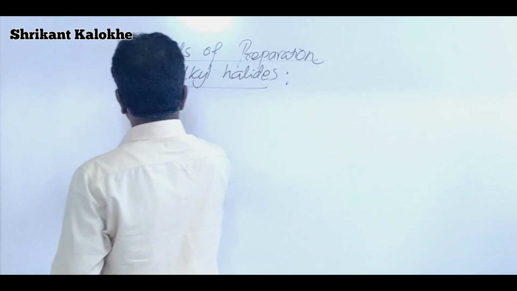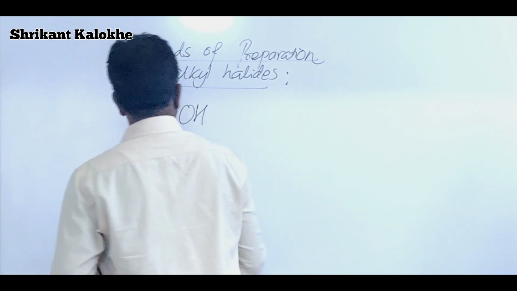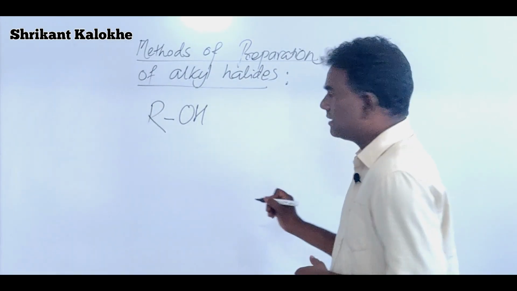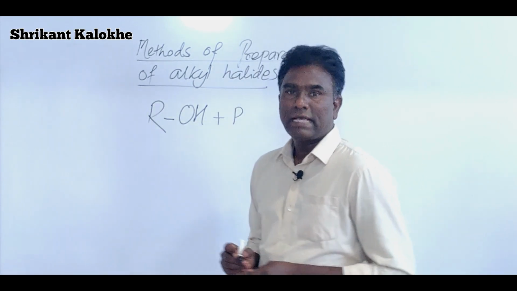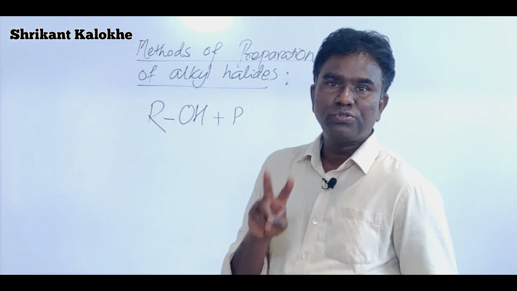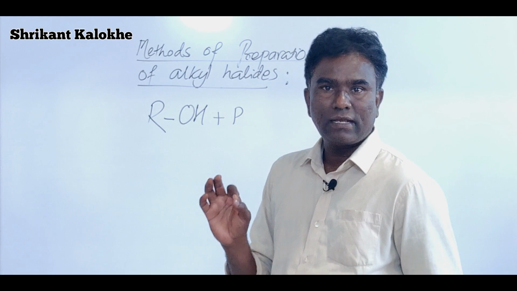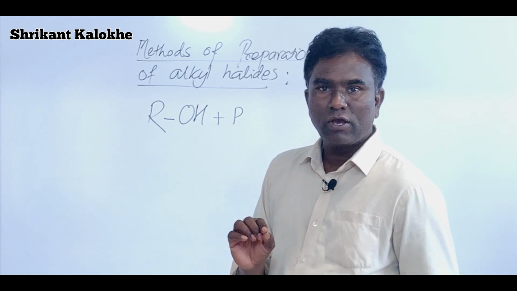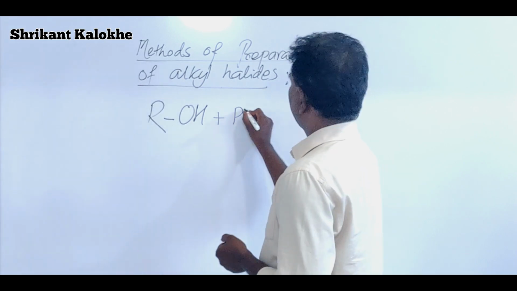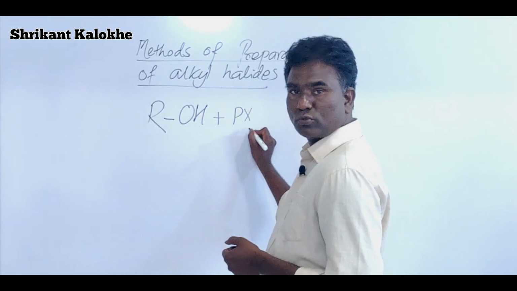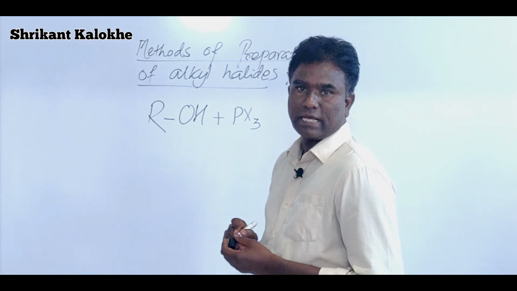For example, today's first reaction which we are discussing here is alcohol plus phosphorus halides, and phosphorus has two different valencies, one +3 and second +5. In +3 oxidation state, phosphorus when combines with halogens, it donates 3 electrons and forms phosphorus trihalide.